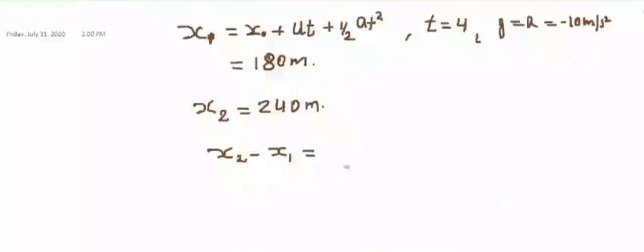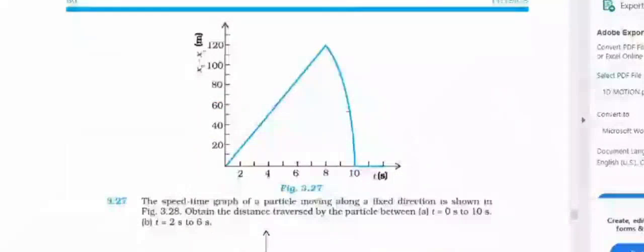You will get 240 minus 180, around 60 meter. That means at time t equal to 4 seconds, it should be 60 meter. That is the result we obtained. We need to get 60 meter in this case.